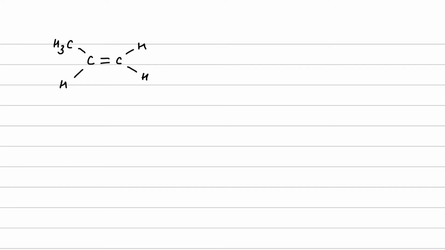Let's take a look at the reaction between propene and hydrogen bromide. HBr can behave as an electrophile because it has a delta positive hydrogen, and it has a delta positive hydrogen because hydrogen is bonded to the considerably more electronegative bromine atom.